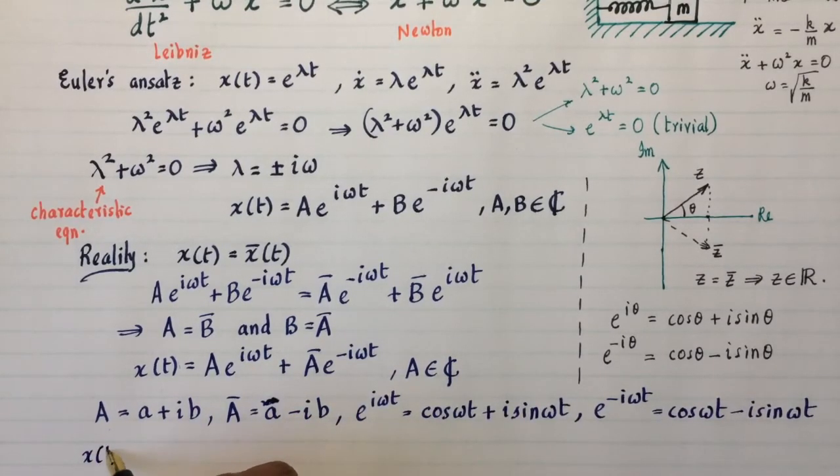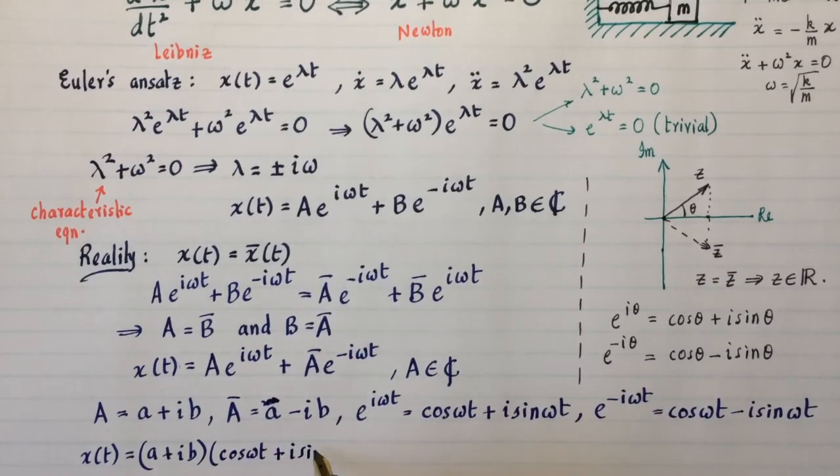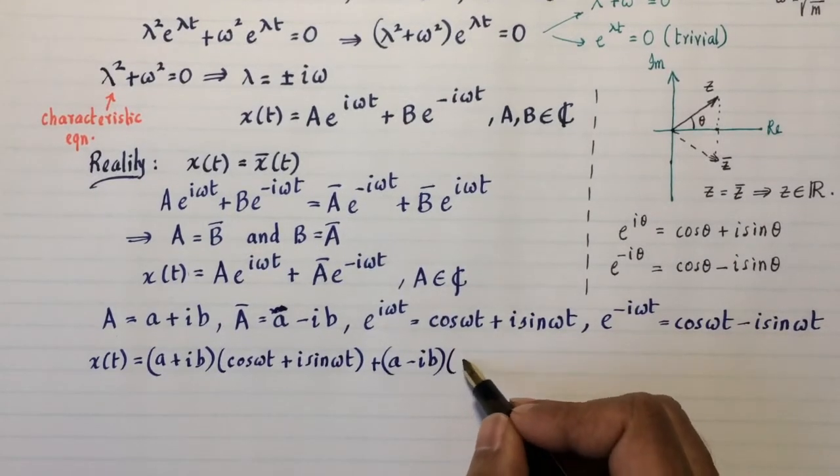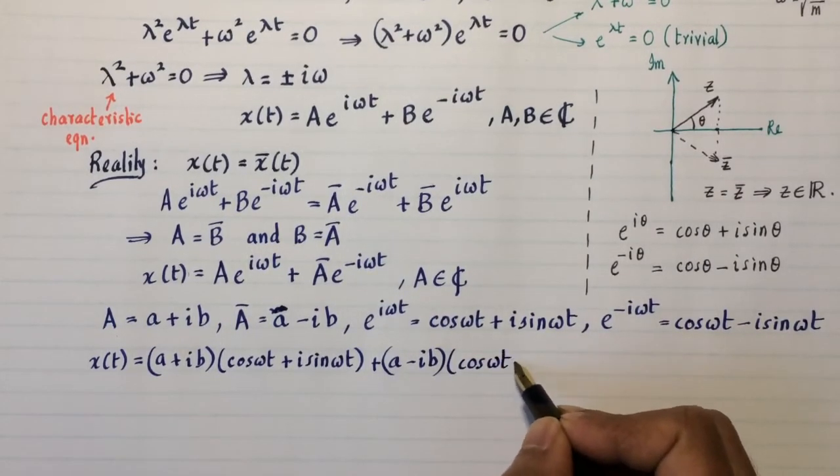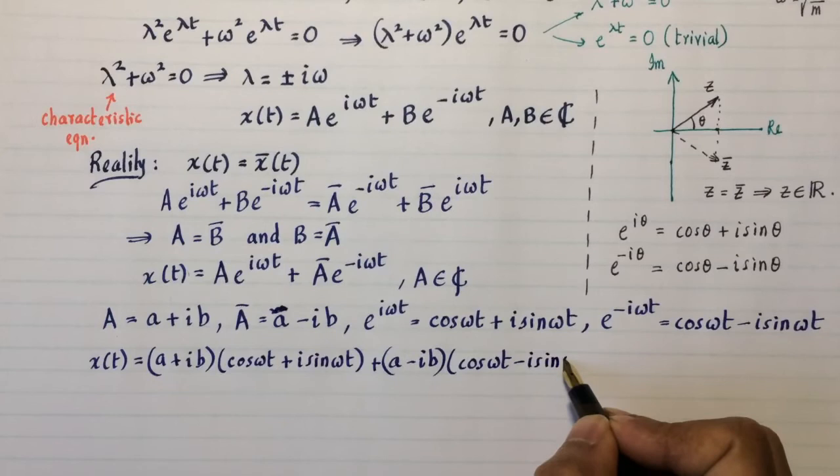So I get x of t is a plus iB times cosine omega t plus i sine omega t, plus a minus iB times cosine omega t minus i sine omega t.